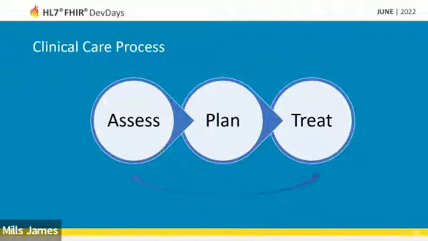They're going to look at the patient, collect symptoms and information from the patient. Maybe they're going to do some tests. Then they're going to do some diagnosis, and they're going to make a plan of treatment. And then they're going to treat. And then as part of that treatment, they're going to evaluate that treatment, maybe do more assessments, and it's kind of circular.